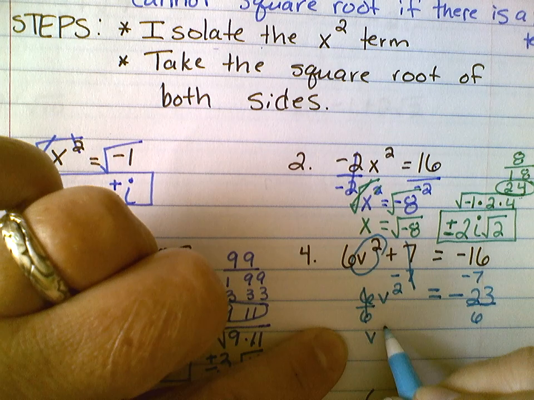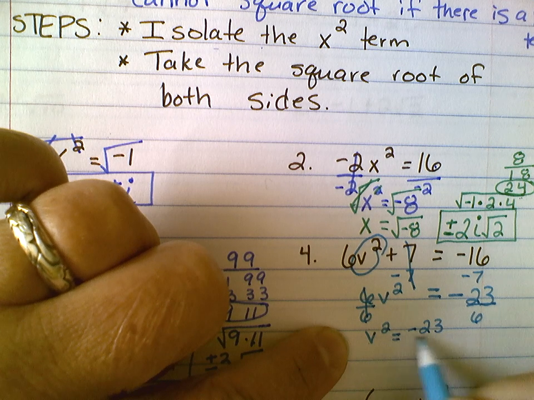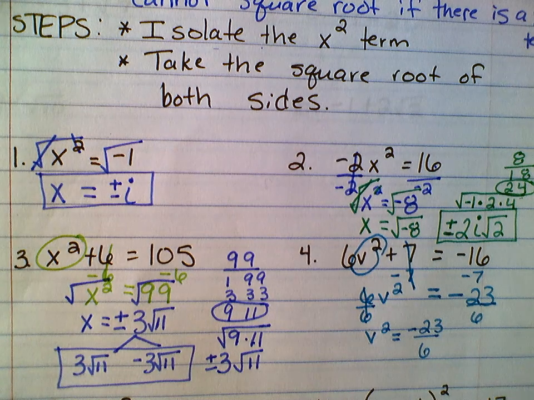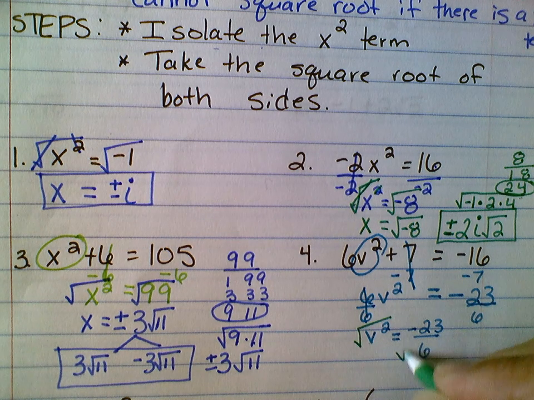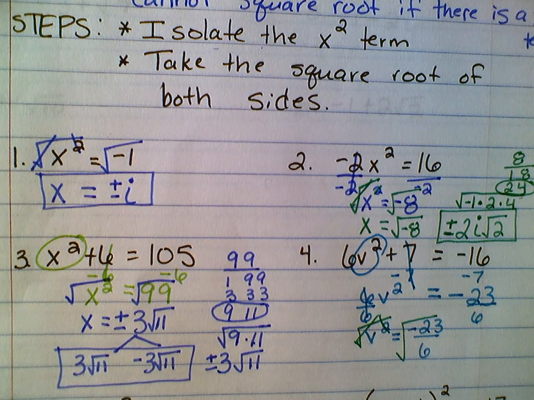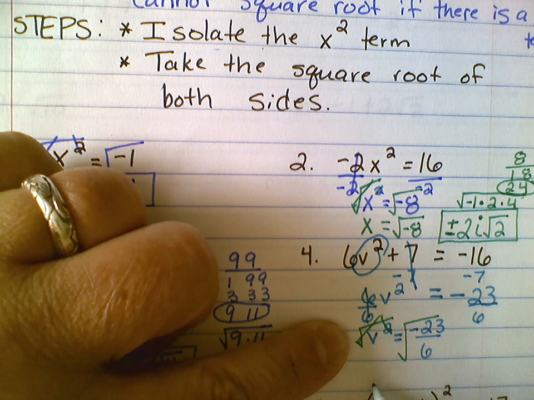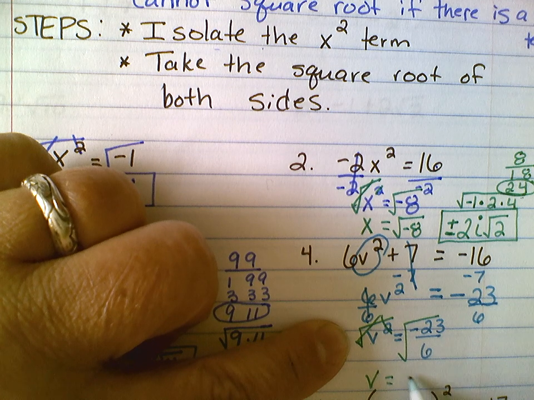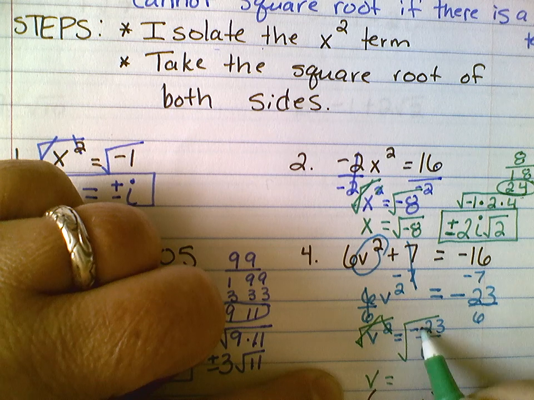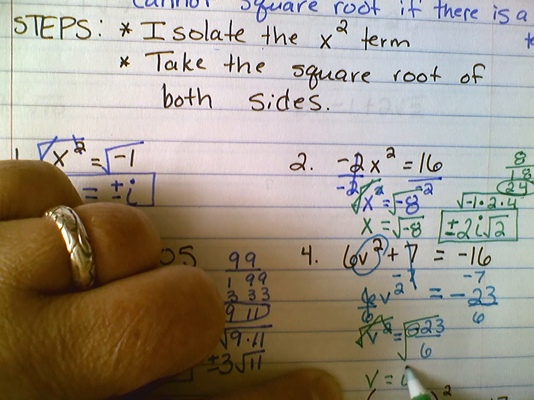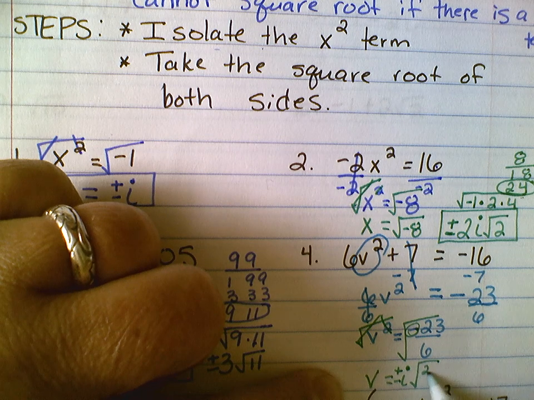So I get b squared equals negative 23 divided by 6. All right, if I take the square root of both sides, this is prime. This is not a perfect square, but I do have the square root of this negative, so I'm going to go ahead and put an i there. And this is what I have.